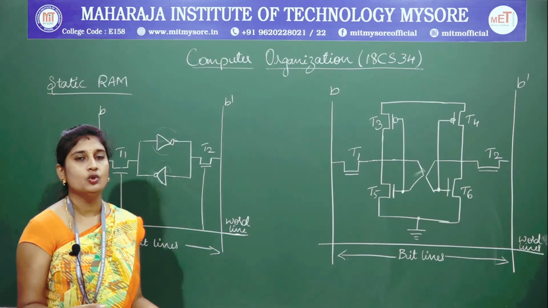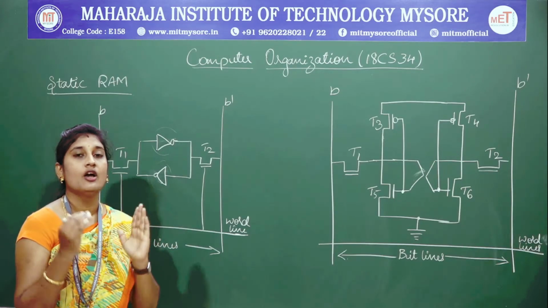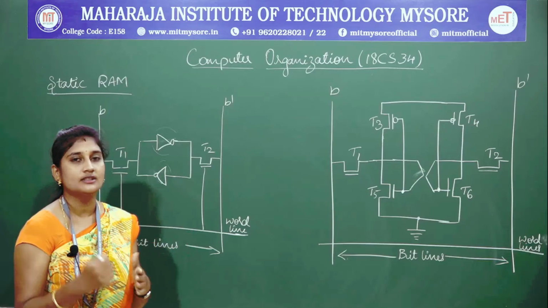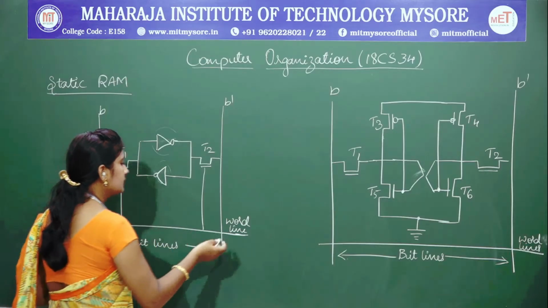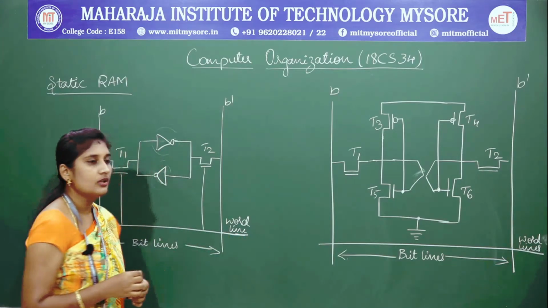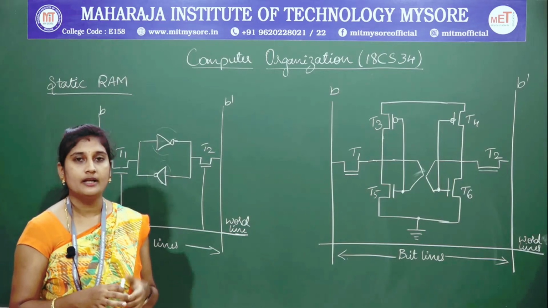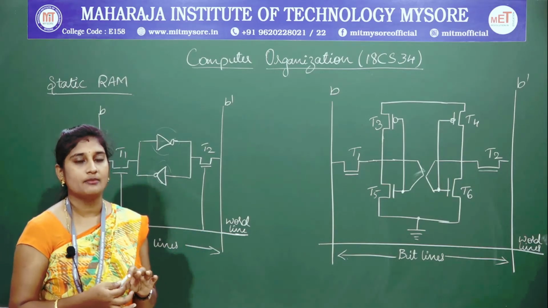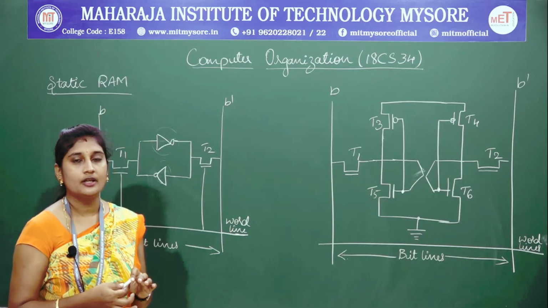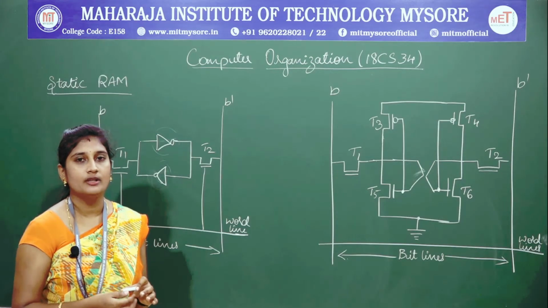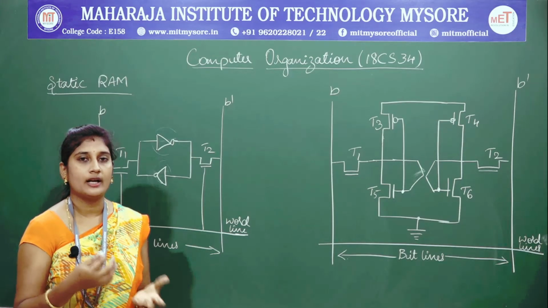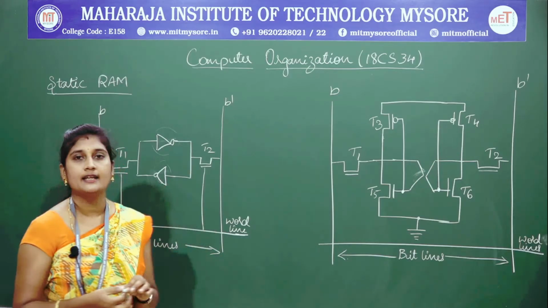This is how you retain the state of the memory cell in your static RAM. Based on how the word line is driven, the state of the RAM cell is retained. Fine.